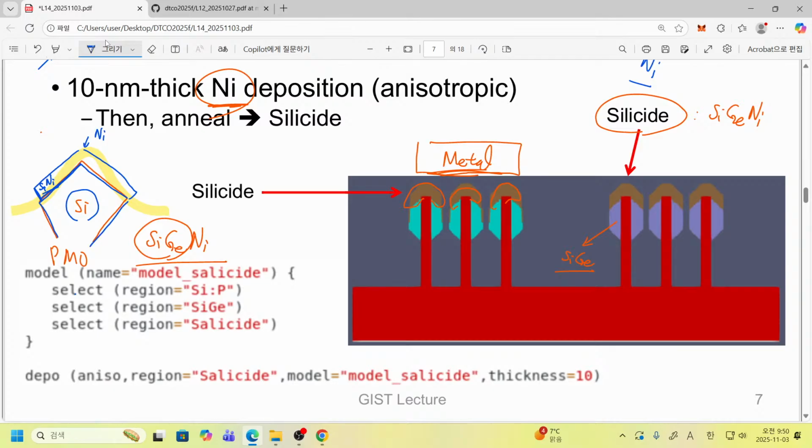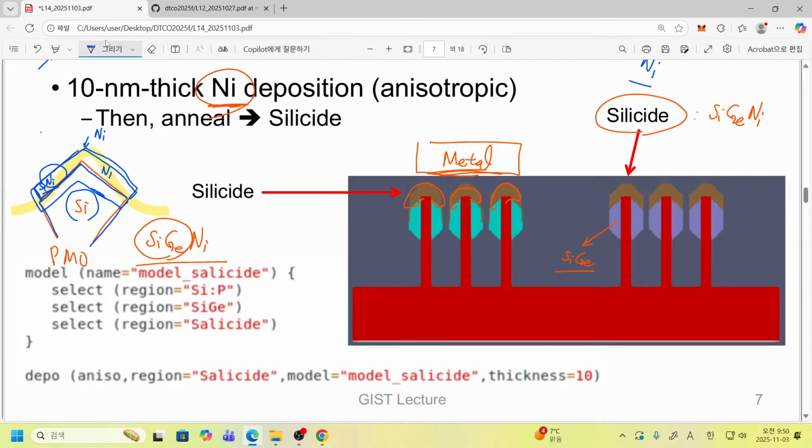Unfortunately not, because in order to become silicide, we need silicon. What happens is that the nickel and nearby silicon are mixed up. So eventually we have a layer of nickel silicide.